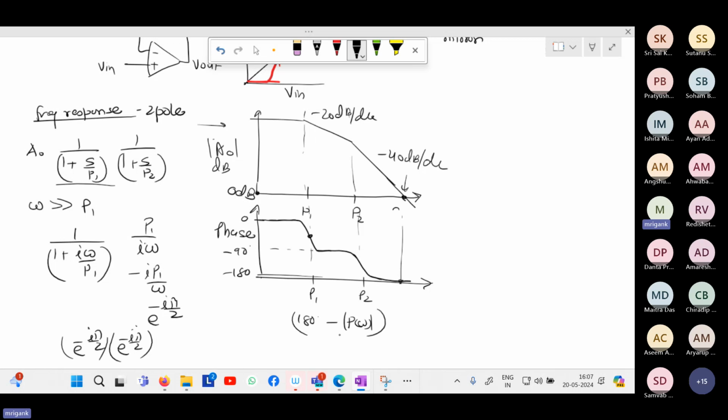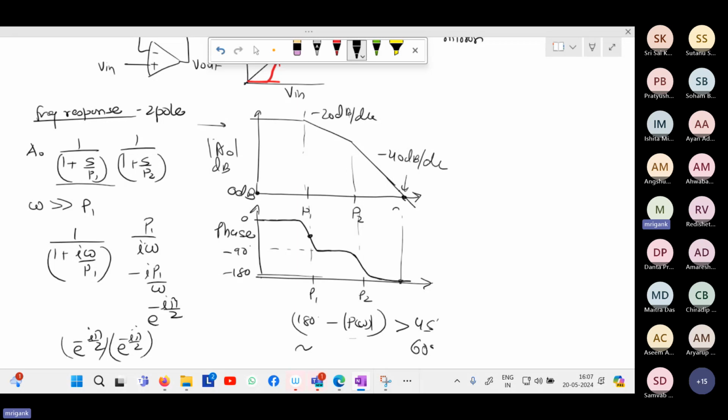That means as compared to 180 degree, how low it is. If it is coming closer to 180 degree, that means you have less margin left, because in the closed loop it will become 360 degree. So I need to make sure there is enough gap. Ideally, it should be greater than 45 degree, or some people keep it 60 degree, something like that.